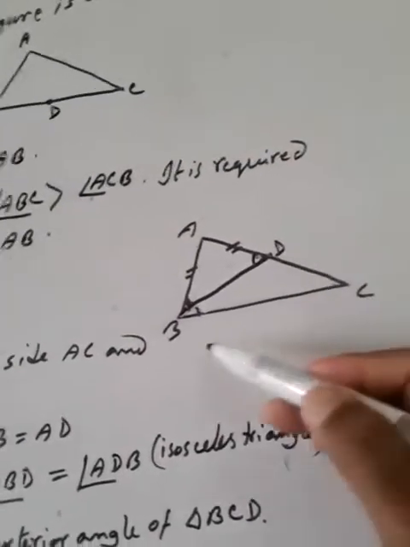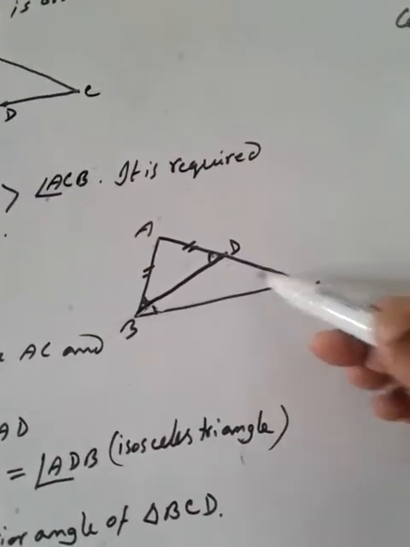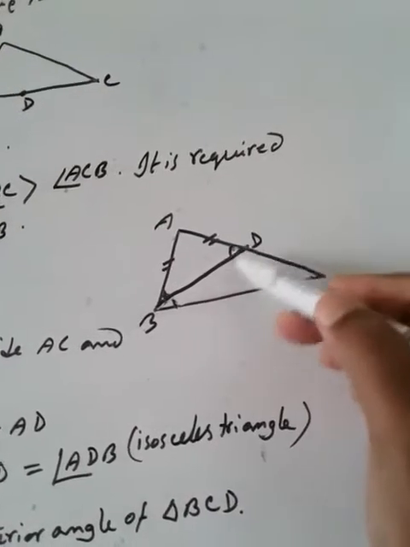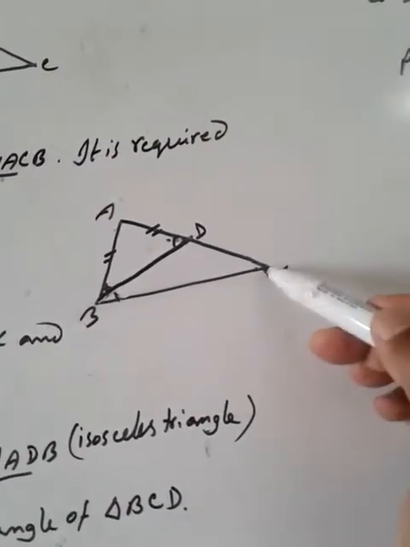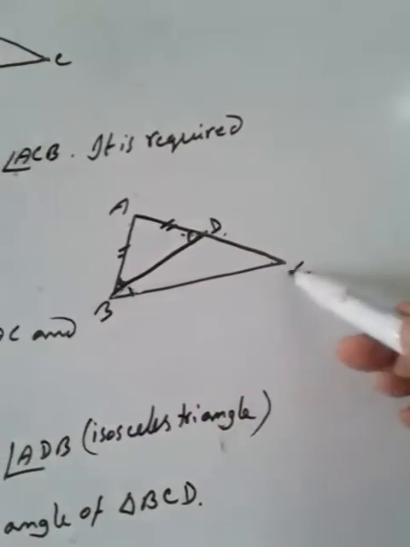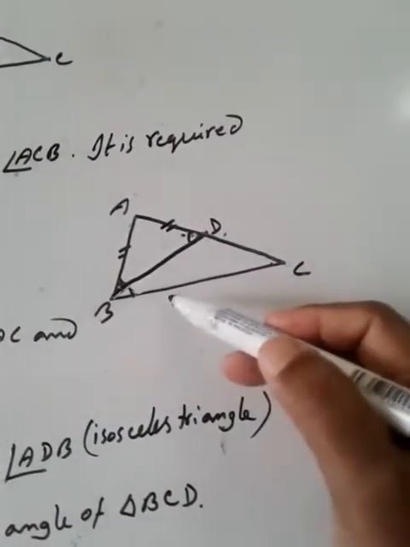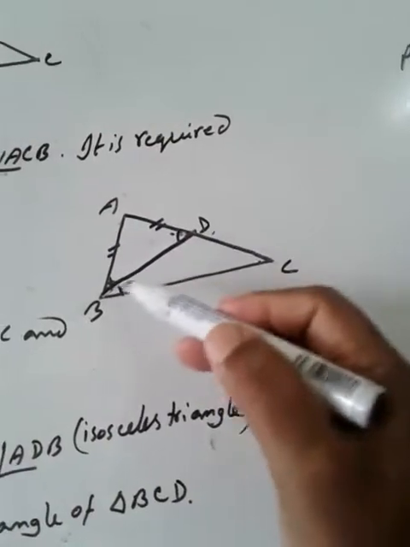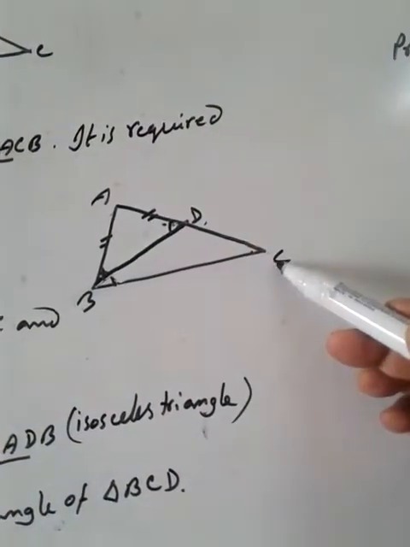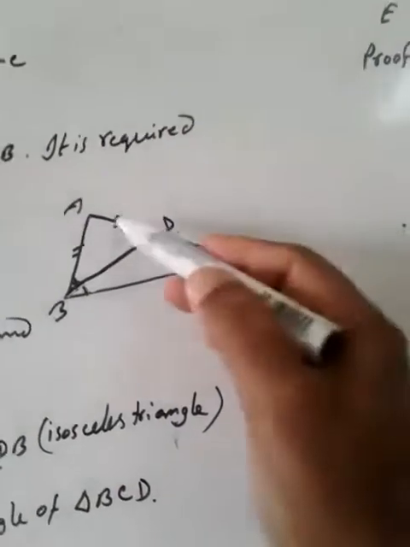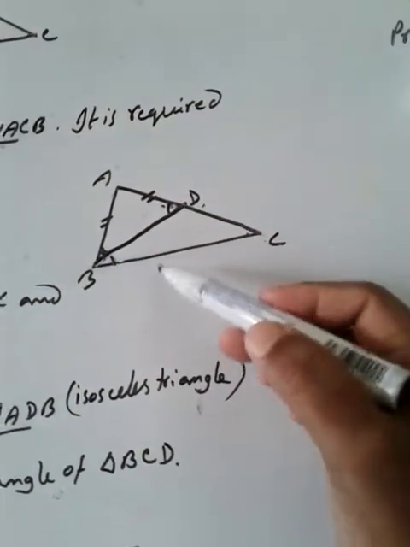Now in triangle CBD, we see ADB is the exterior angle and DCB is the interior angle. ADB is greater than DCB. If ADB is greater than DCB, therefore ABD is also greater than DCB, because ADB equals ABD.